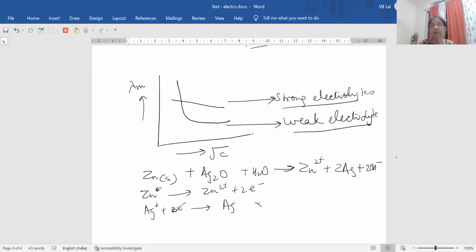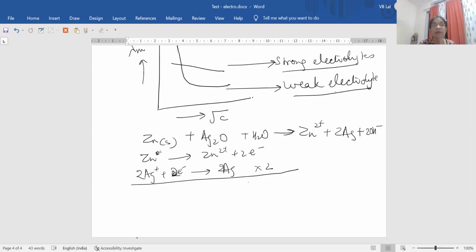Now multiply the second equation by 2, so it becomes 2Ag plus plus 2e minus giving 2Ag. So what is the overall reaction? Zn plus 2Ag plus giving Zn2+ plus 2Ag. Anyway, even if you don't balance, you can make out what is the anode and what is the cathode.